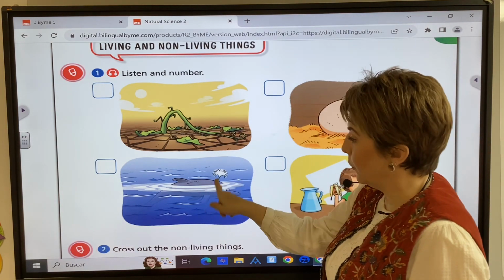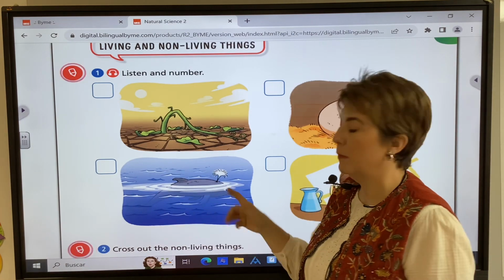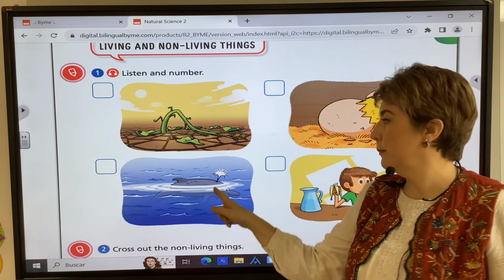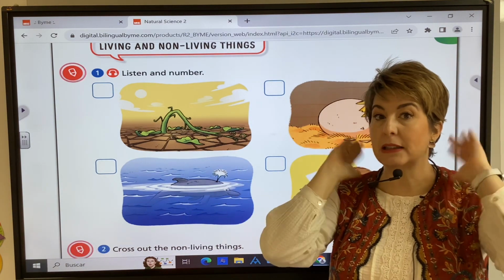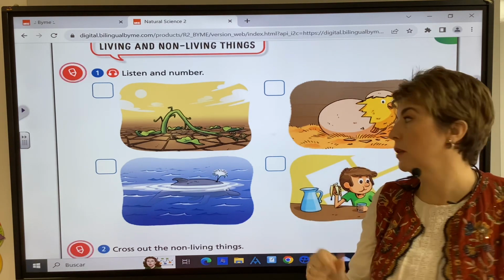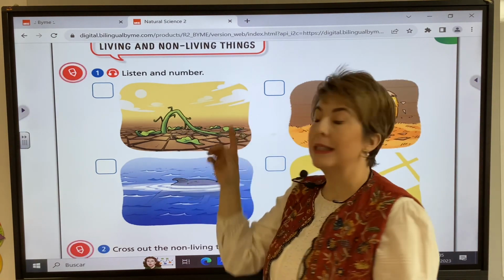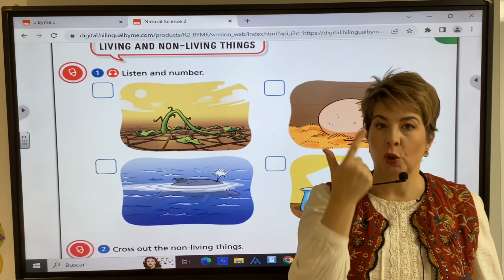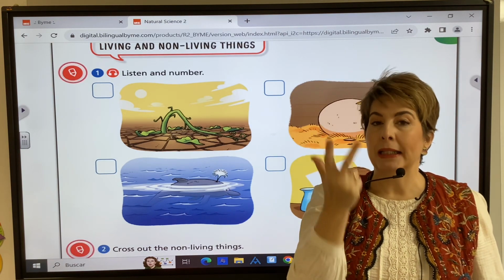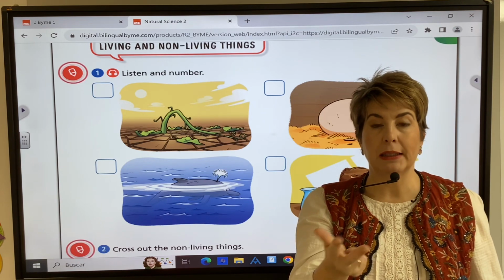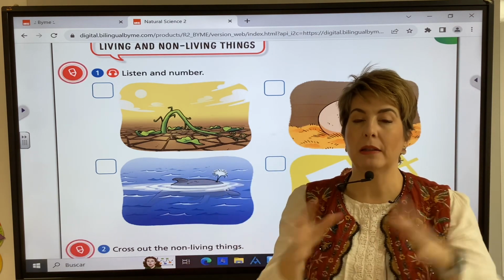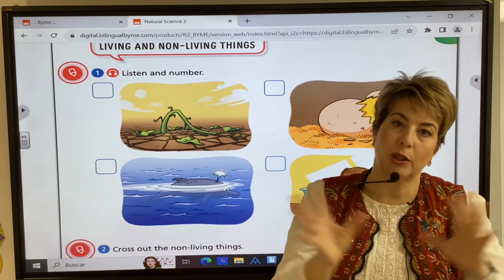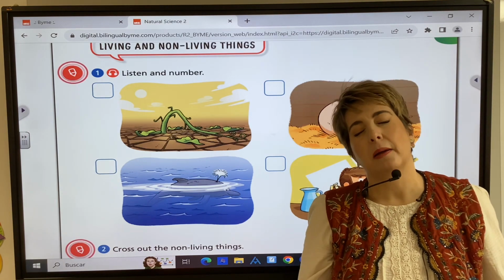Reproduce and breathe with gills or with their nose, and die, okay? So they are born, grow, eat or absorb nutrients, reproduce as well, so they have babies, well, that's optional, and die.